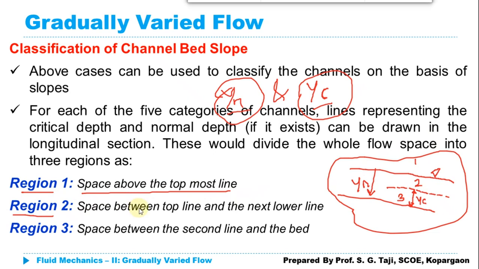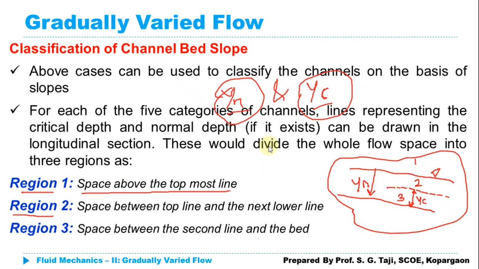Region 2 is the space between the top line and the next lower line, that means the region between the middle line and the top line. And region 3 is the space between the second line and the bed, that is the space in between the bed and the line just above it, which is classified as zone 3 or region 3.